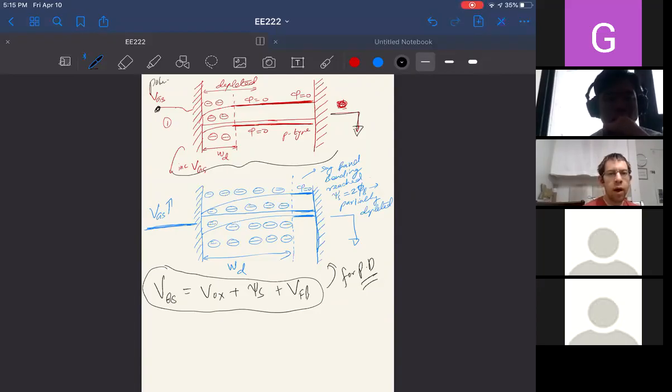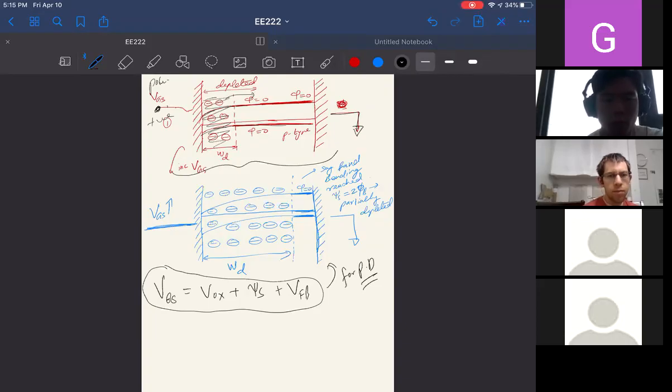If I apply a positive potential here, it's going to push the holes from here into this region, right? And so this band starts bending. And when this band bends, you get this region that is completely depleted of carriers.